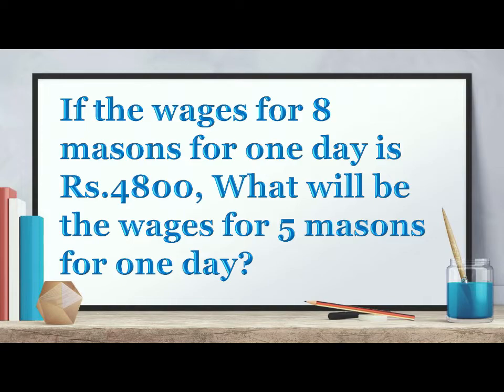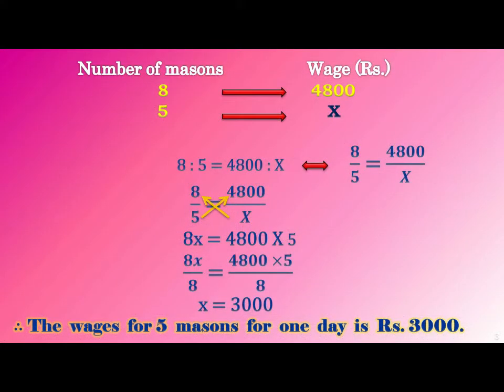If the wages for 8 masons for one day is 4,800 rupees, what will be the wages for 5 masons for one day? Right. Here, the two different quantities are the number of masons and the wage in rupees. Then we can write two equivalent ratios. 8 to 5 equals 4,800 to x.